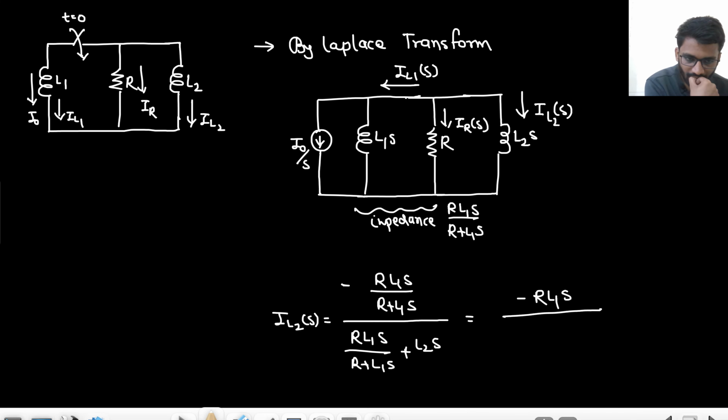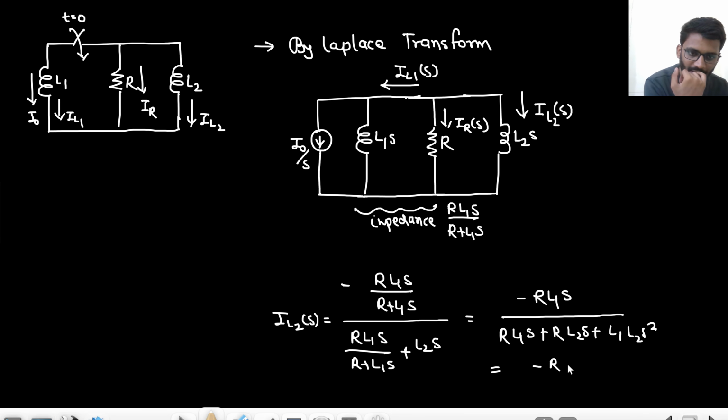Minus RL1S upon RL1S plus RL2S plus L1 L2S square, which is L1 L2S square plus R times L1 plus L2 S, right?